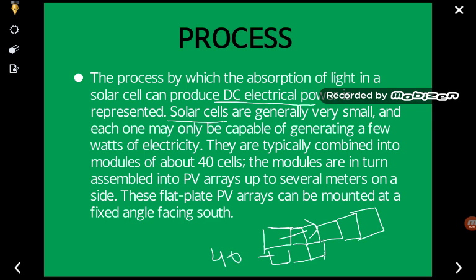The modules in turn are assembled into PV arrays several meters on a side. These flat plate PV arrays can be mounted at a fixed angle facing south, so that the most amount of solar radiation can be converted into electrical energy, or more electrical energy can be produced.